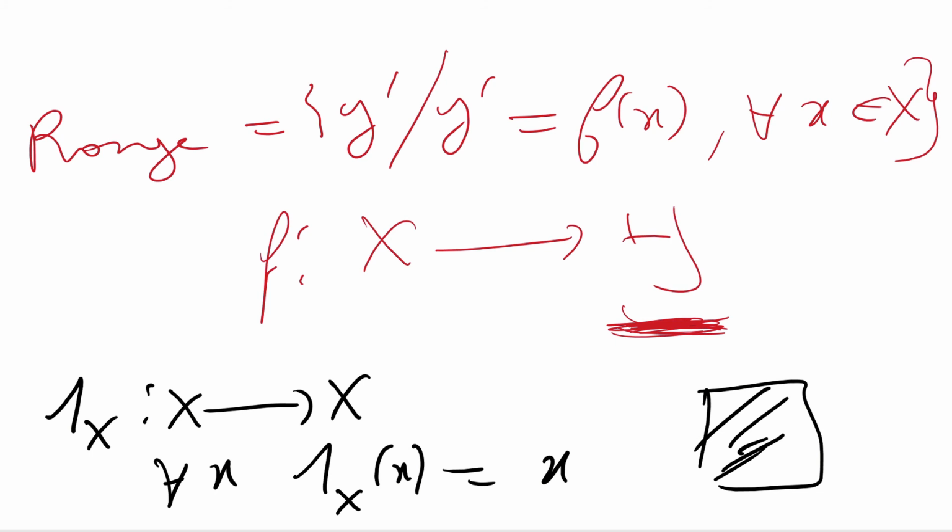That's what we call the identity function. So in this slide, we discuss the range and the identity function. We say that the range is a subset of the codomain and the set of all the images of elements in the domain.